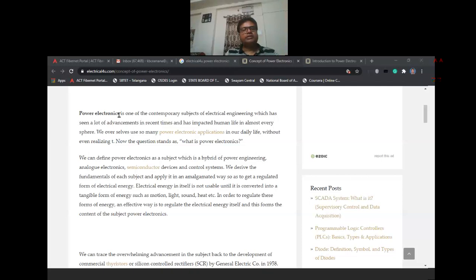Power electronics is one of the contemporary subjects of electrical engineering which has seen a lot of advancements in recent times and has impacted human life in almost every sphere. We all use so many power electronic applications in our daily life without even realizing them. Now the question stands as, what is power electronics?